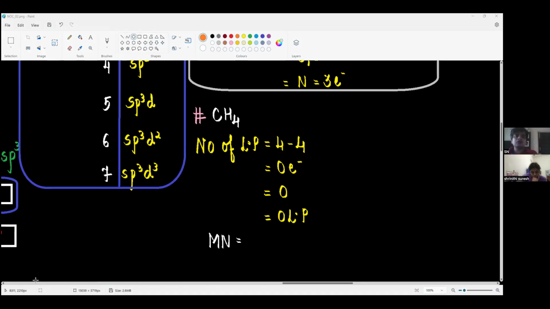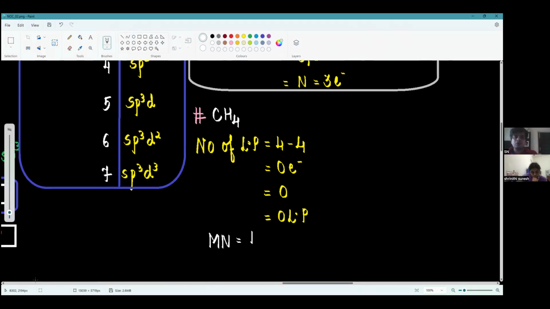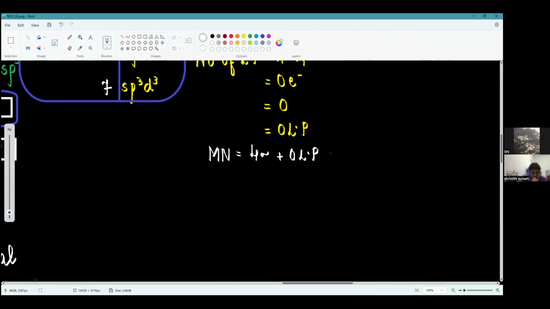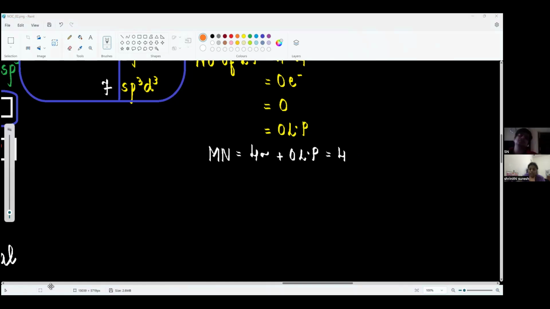If there are 4 side atoms, you will write 4 sigma bonds. And how many lone pairs? 0. So 4 sigma, no lone pair. What will be the Modi number? 4. Now what will be the hybridization? If the Modi number is 4, the hybridization is sp3. Very good.